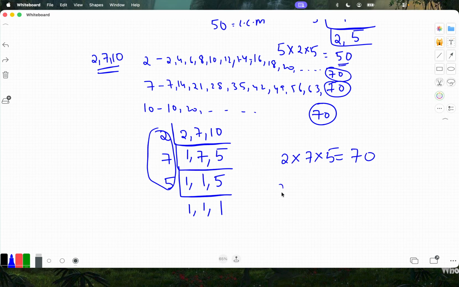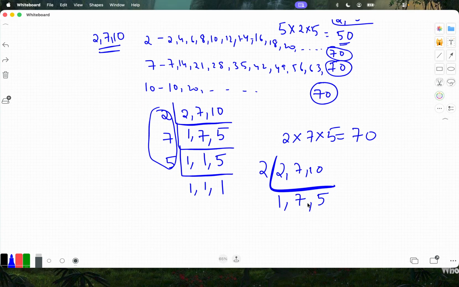In the shortcut, what we'll do is, for 2, 7, 10, we will just check. 2 and 10 have a common factor. 2 ones are 2, 7 we will write like this, 2 fives are 10. Since 7 and 5 do not have common multiples, we will just multiply all these three: 2 into 7 into 5. That will again give 70. This is the proper examination method where we make sure that the ending has all ones.